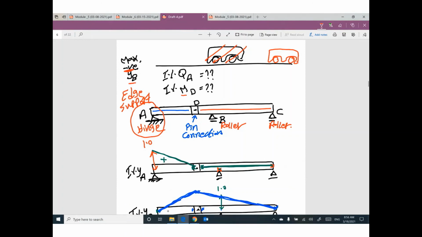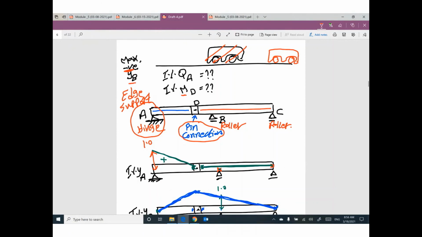The second one, what is the influence line for moment at the pin connection? Sometimes in the exam or quiz or something like this, I will ask you this question. What is the influence line for shear at edge support? What is the influence line for moment at pin connection?